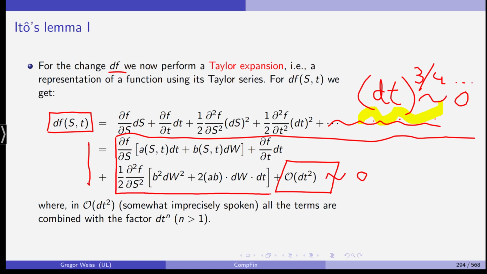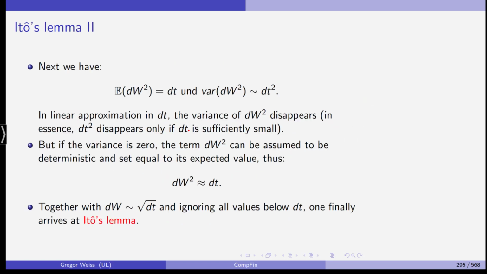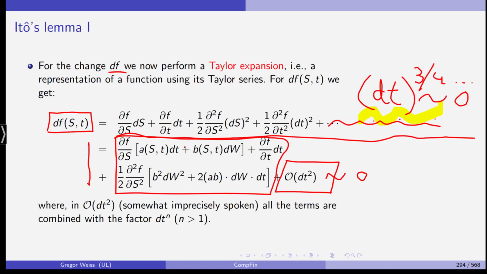This is Ito's lemma. It says that you can approximate the change in a function in a stochastic process by these two factors. And they obviously depend on the partial derivatives of s. And we can see something else. If we now expand this, first of all, we need to see, well, we have the expectation of dw and dt.